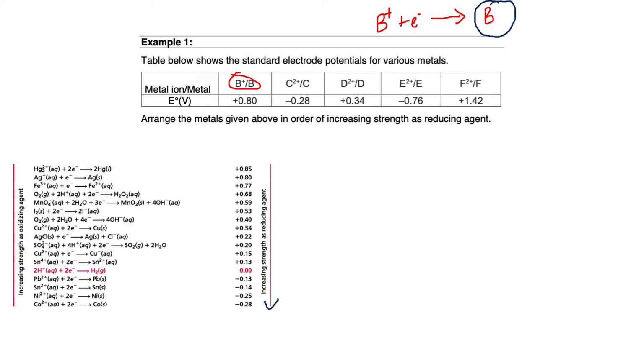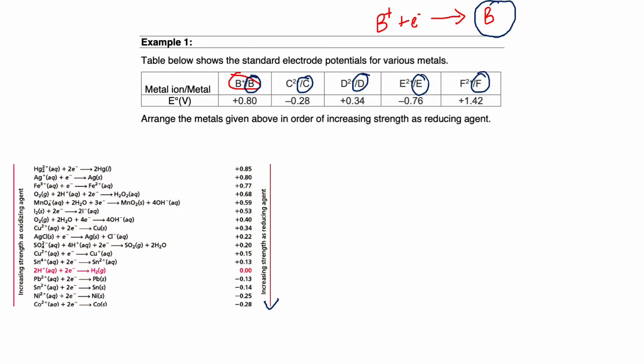So how are we going to write this answer? Let's take a look at all the metals. We have B, C, D, E, and F as the reducing agents, and we are going to arrange them by referring to their SRP values.